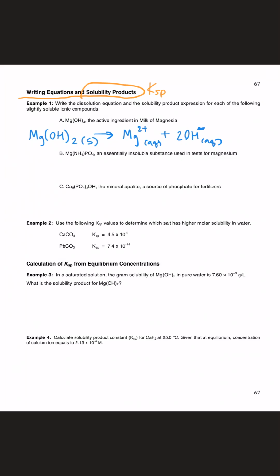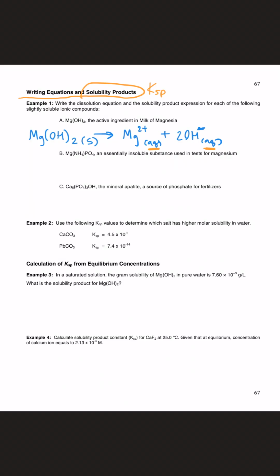Note that because some of the magnesium hydroxide solid partially dissolves into magnesium ion and hydroxide ions, the physical state of the ions has to be aqueous. It indicates that some of these ions do dissolve in water and are solvated, or surrounded by water molecules.